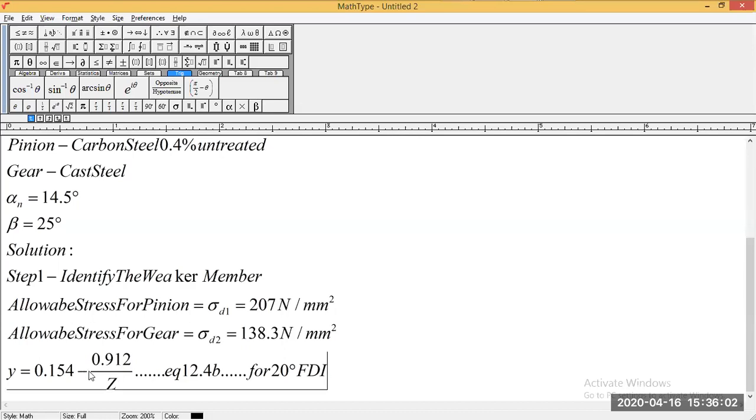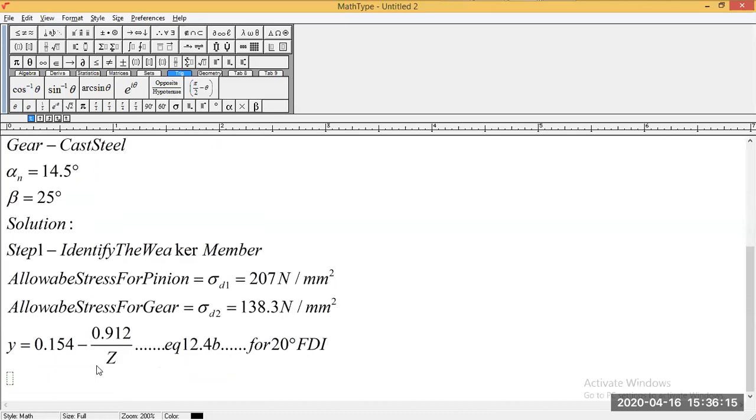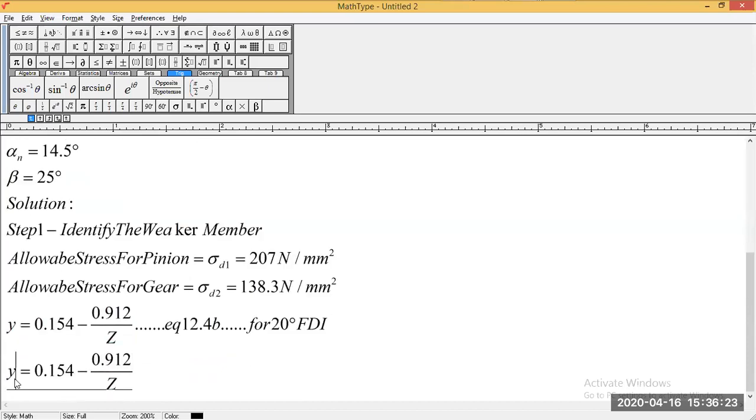So this is 0.154 minus 0.9. So this is generalized. So I need to condense it for pinion and gear respectively. This is for 20-degree full depth involute system. Let me copy this. And this is for, I'll designate as y1. One is for the pinion and also z1.